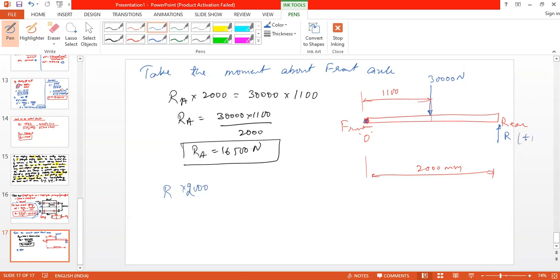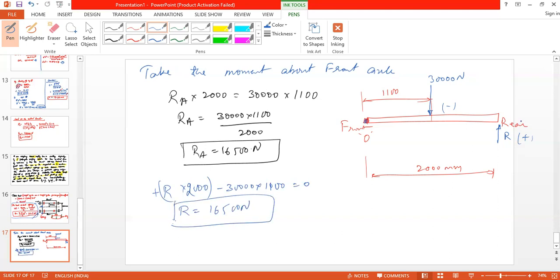If upward is positive, then downward becomes negative. So plus R into 2000 minus 30,000 into 1100 equals 0. So R is 16,500 Newton.